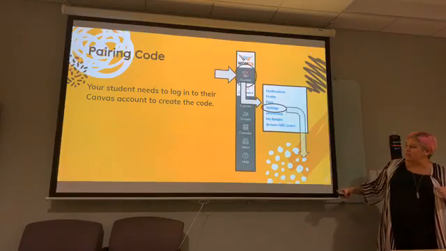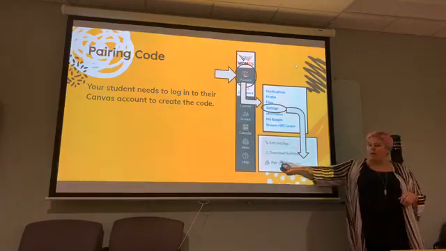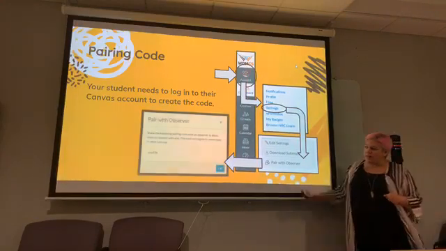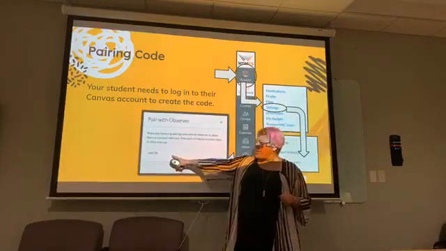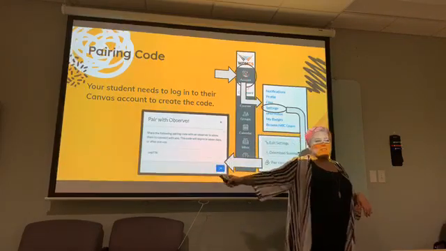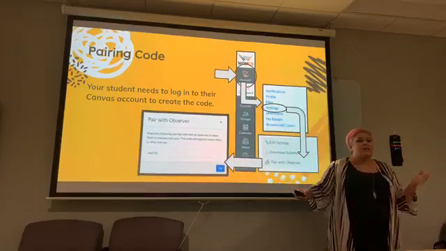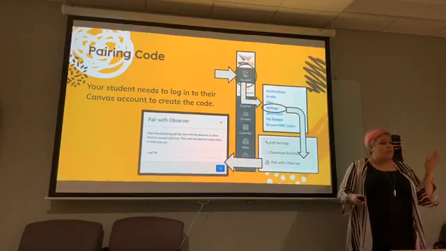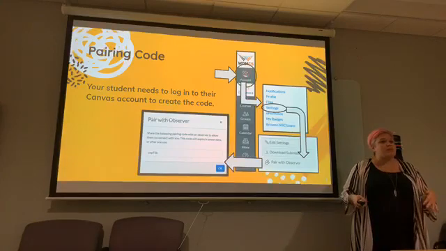They click on settings, which then in settings, they just click pair with observer. When they click pair with observer, it gives them this code, that this is the code that you need. Usually it's a 5 to 6 digit letters and numbers, and case matters. So if it's uppercase, lowercase, that's what matters.